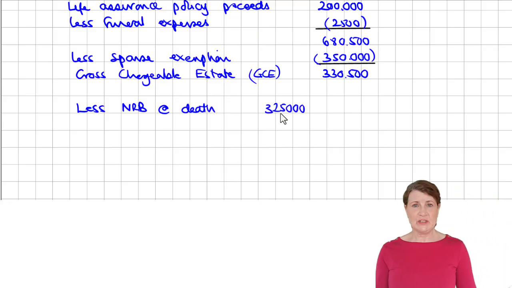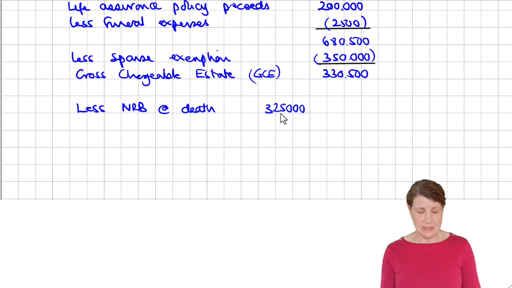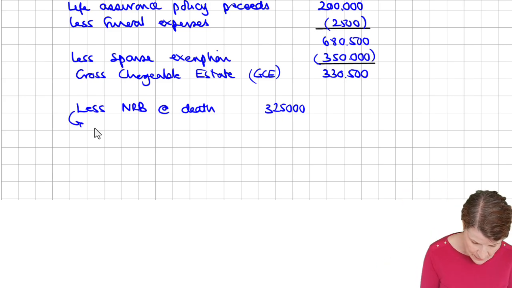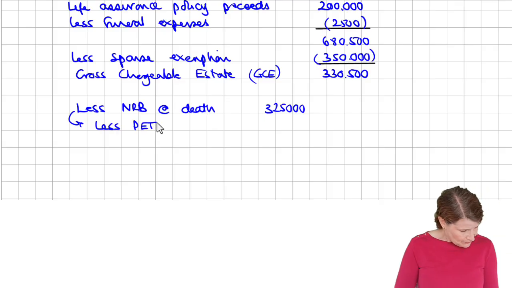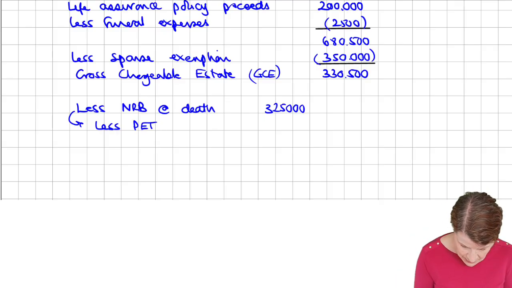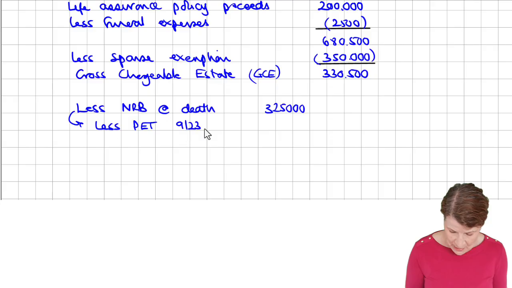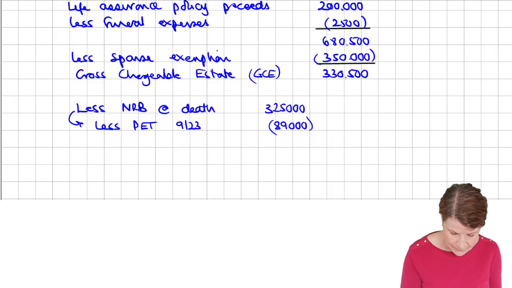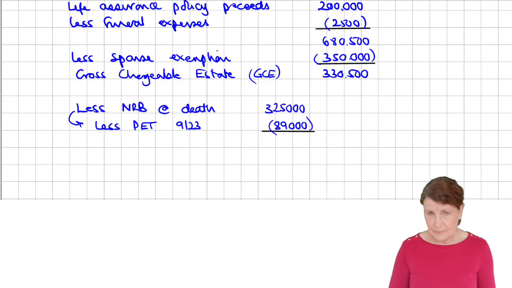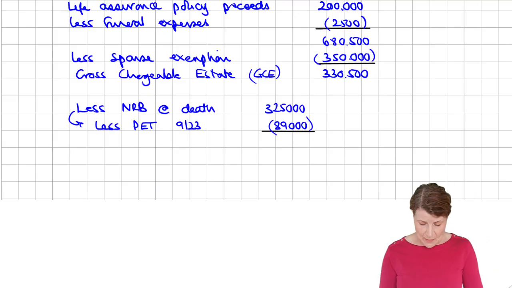Remember, we reduce it by anything chargeable in the 7 years prior to the date of death. So less the PET to the daughter in September 23, and that was 89, wasn't it? So that gives us a nil rate band available on the death estate of 236.